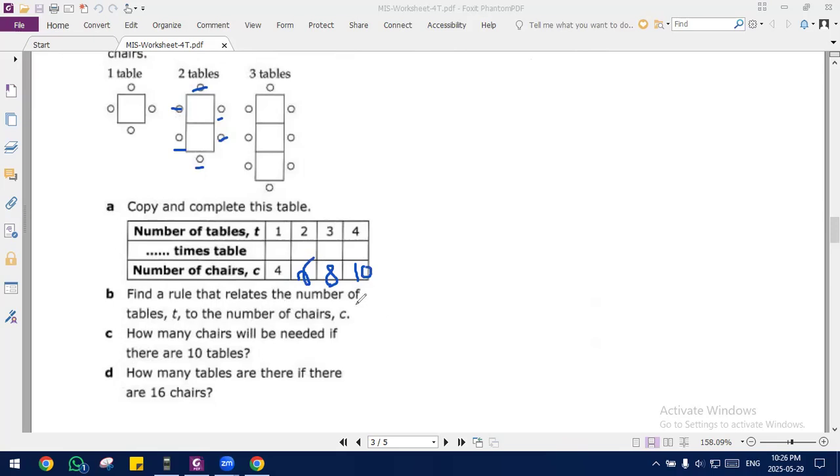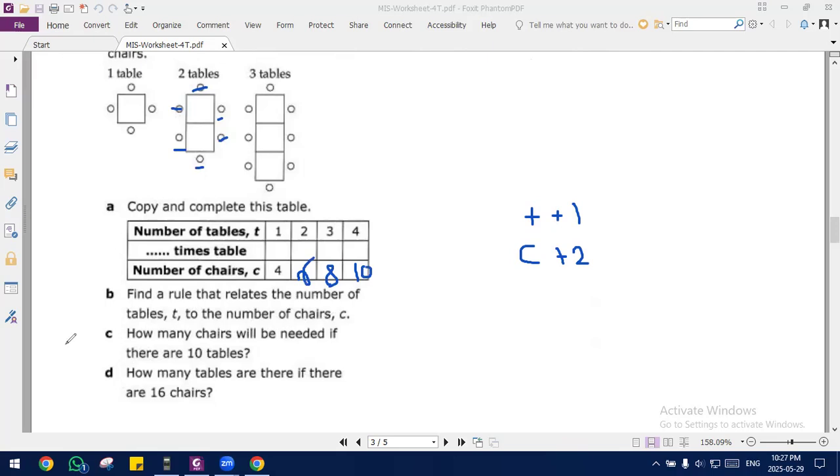Find the rule that relates the number of tables T to the number of chairs C. So if we increase T by 1, C will increase by 2. This is a simple rule. Now, how many chairs will be needed if there are 10 tables?